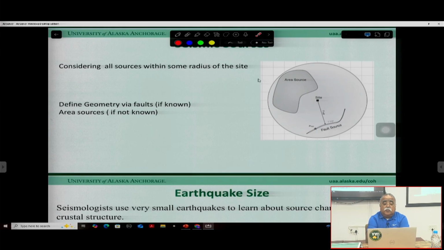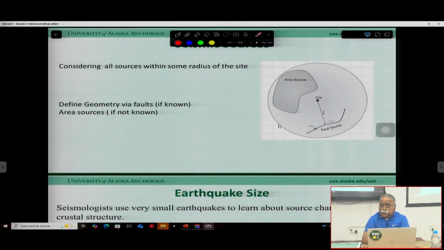So that means we try to calculate how many earthquakes can come over this area, or sometimes we calculate how many earthquakes rupture, or what is the length of the rupture along this fault. So which is a linear thing, right? So we need to define the geometry and also the area of the sources, right?